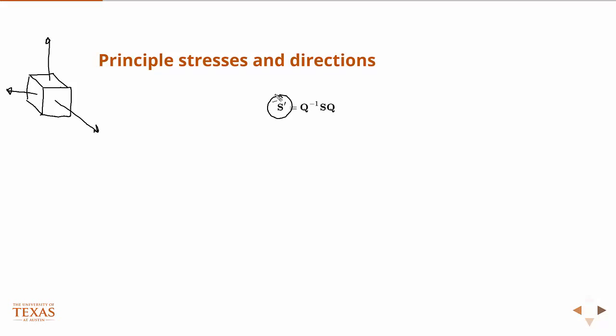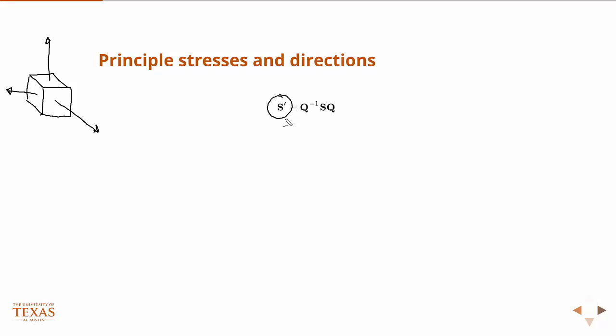So this equation should look familiar because I mentioned it when we talked about eigenvalues in the context of very basic linear algebra concepts. But we didn't actually solve an eigenvalue problem. I said we'd hold off and do that in the context of stress. So that's what we're about to do.